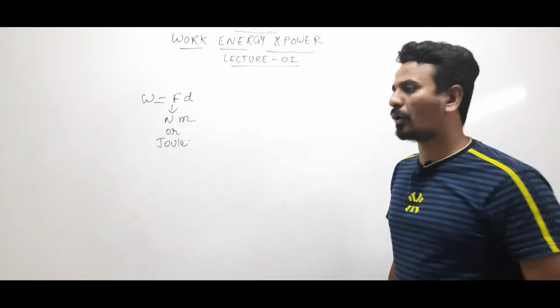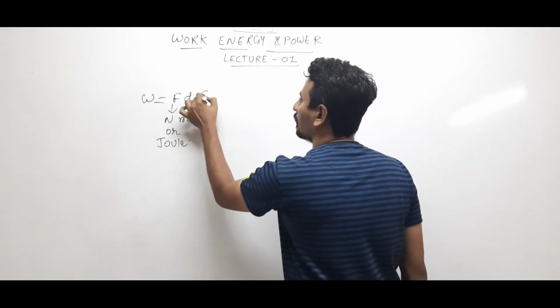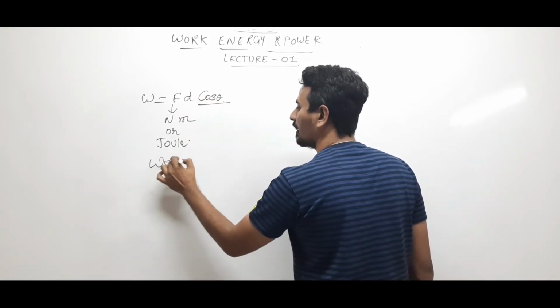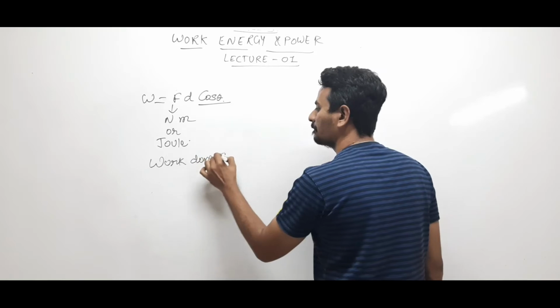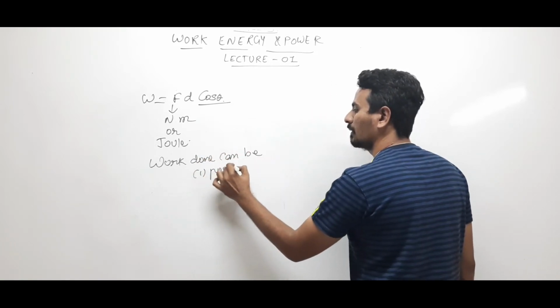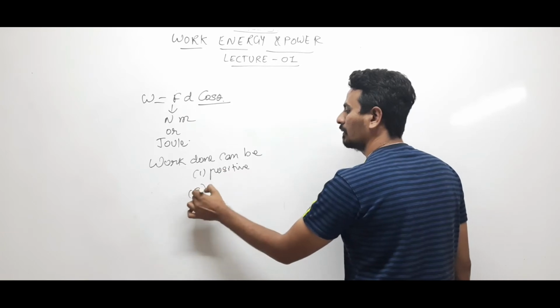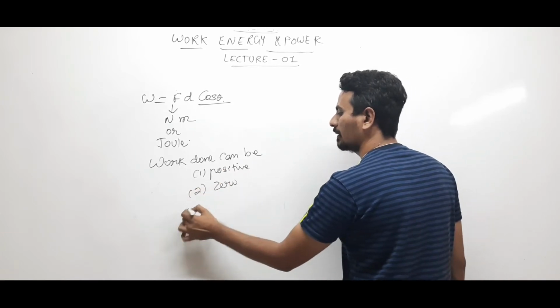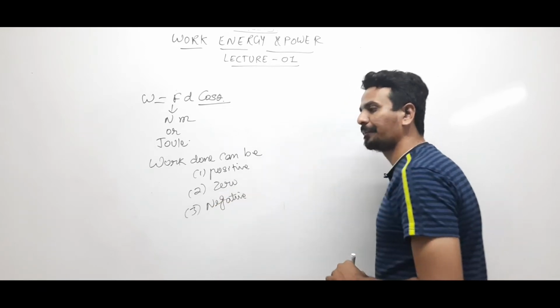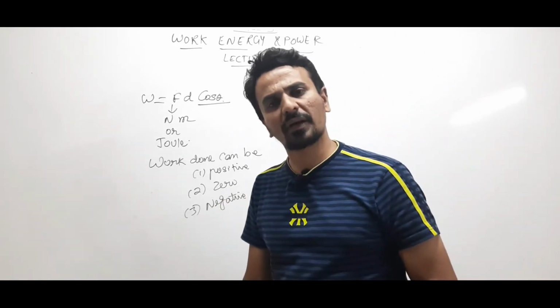It is a scalar quantity, and work done also depends on angle. So work done can be positive, 0 and negative. Clear? Work done can be positive, can be 0, can be negative.